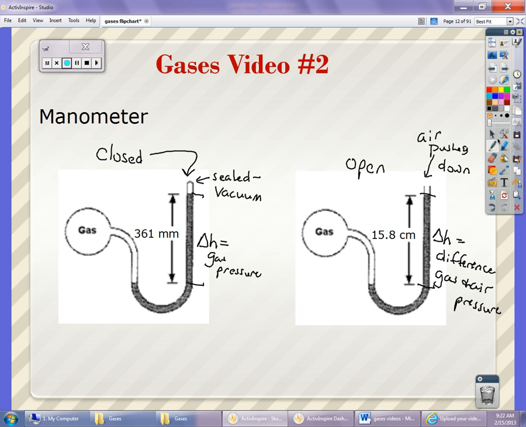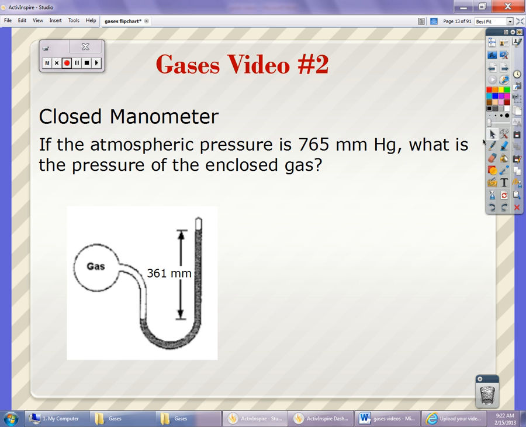Let's do a couple of problems. First one, you could have a question like this. If the atmospheric pressure is 765 millimeters of mercury, what is the pressure of the enclosed gas? But notice how it is closed. Closed because it's sealed. So the air pressure, or the atmospheric pressure, has no impact at all. So I really don't even care about this. The gas pressure is 361 millimeters of mercury, or 361 torr.